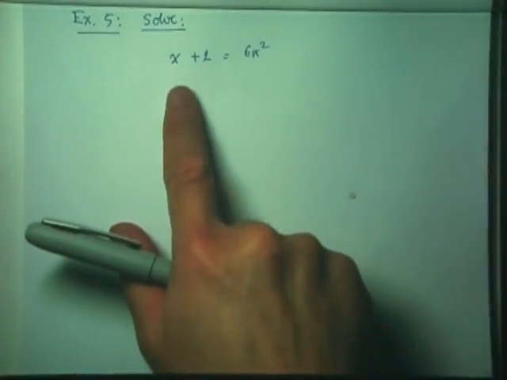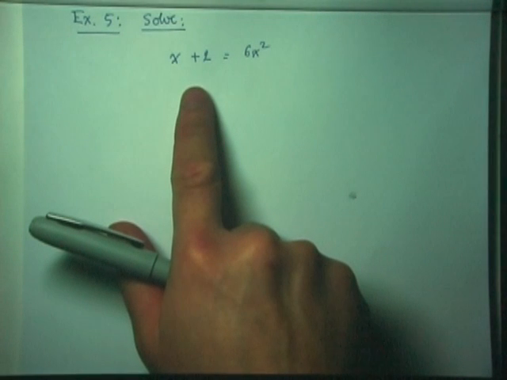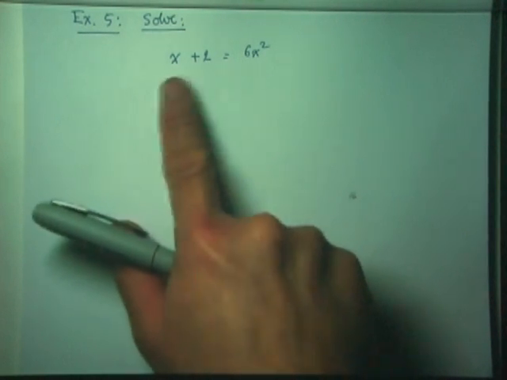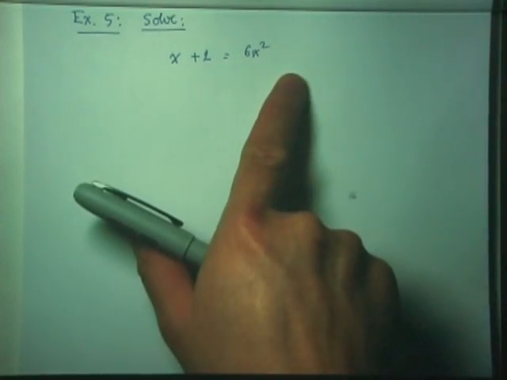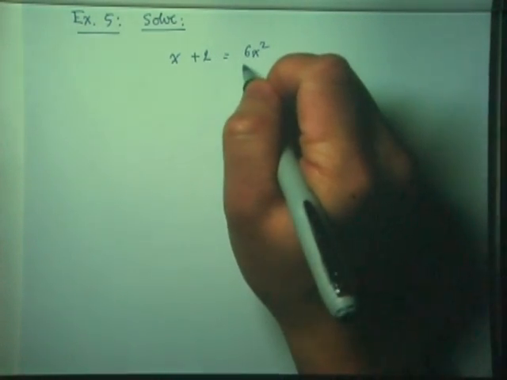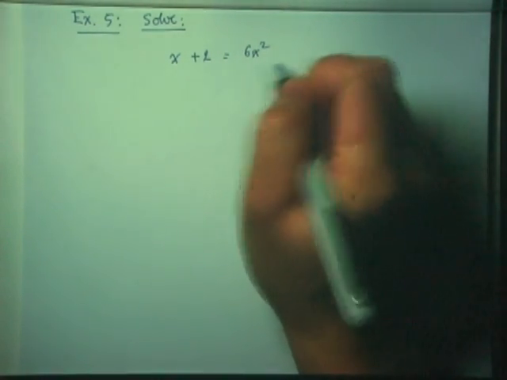However, now there's something I should have mentioned. Of course, you can choose your own side to move the terms to. However, it would always be wiser to move all the terms to the side that has the positive leading term. Now, what I notice here is my leading term of x squared is already a positive 6x squared on the right hand side.